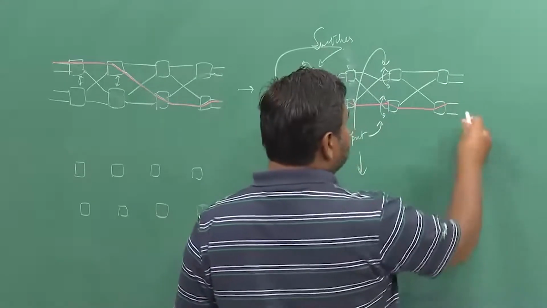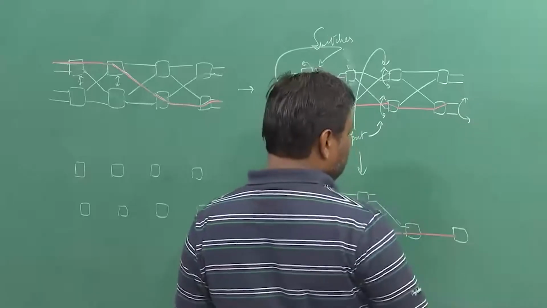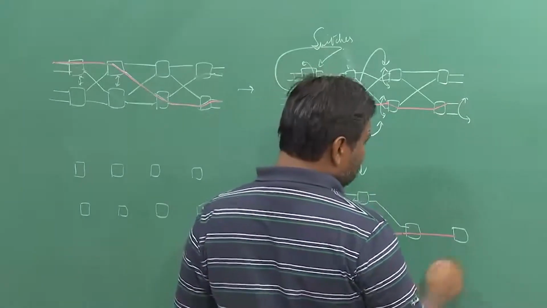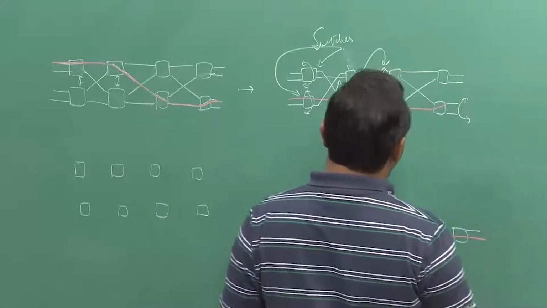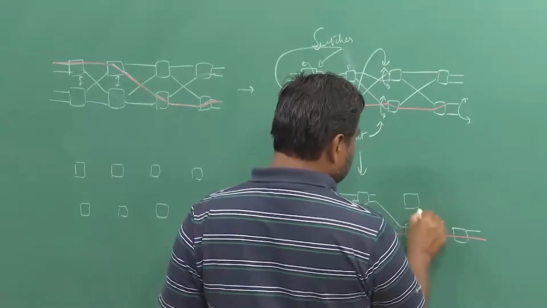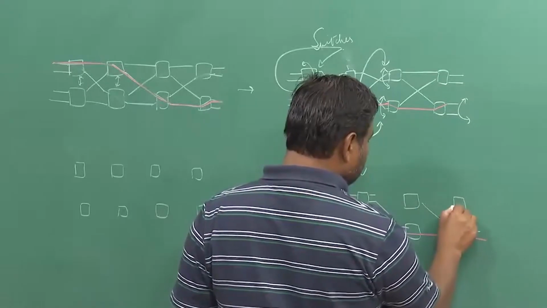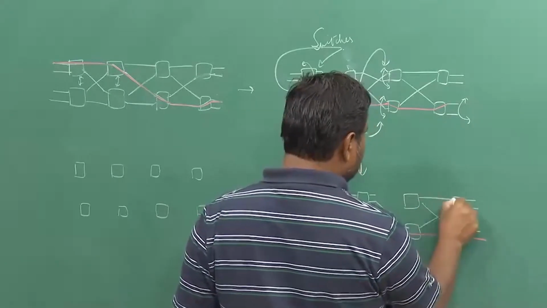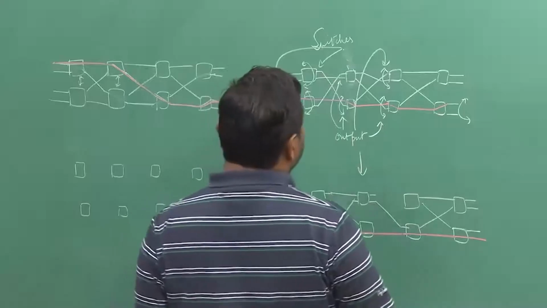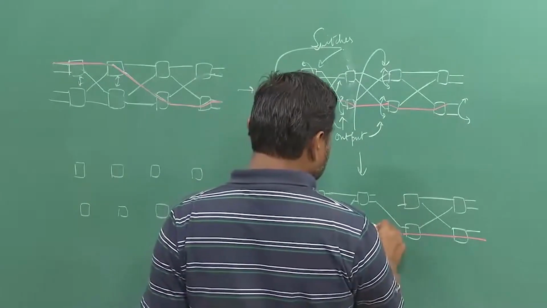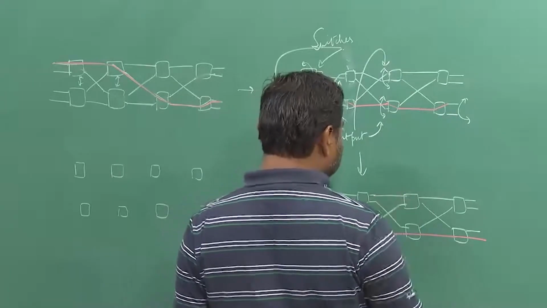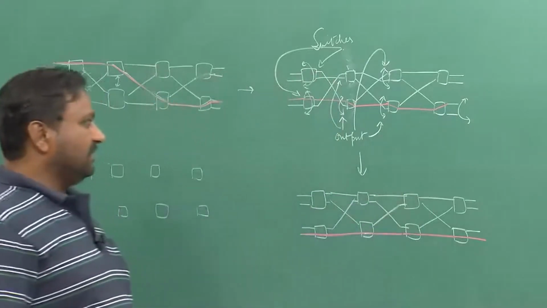And I will rotate this one, this output will go as it is out. Okay. So, this bottom will connect with this and this will go with this, and this is a configuration.